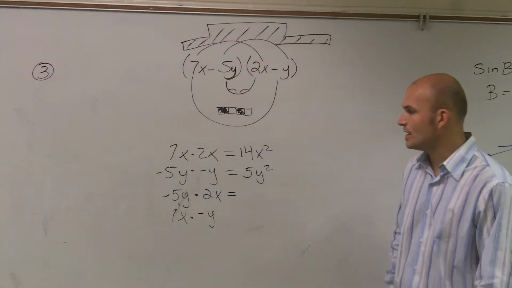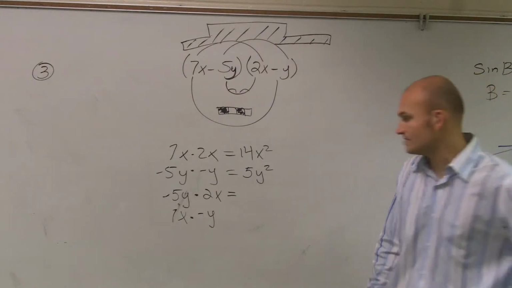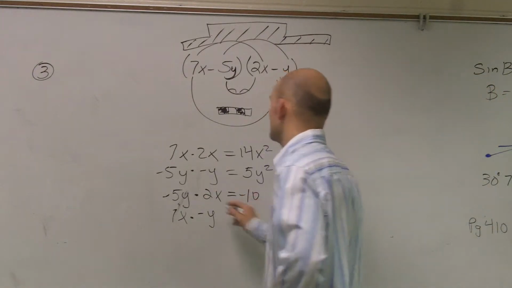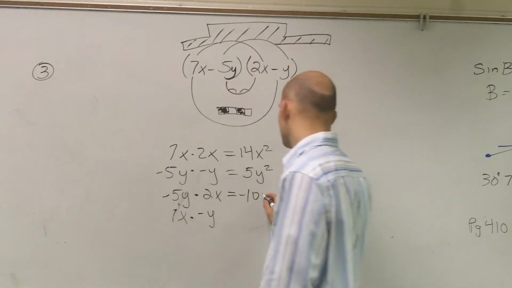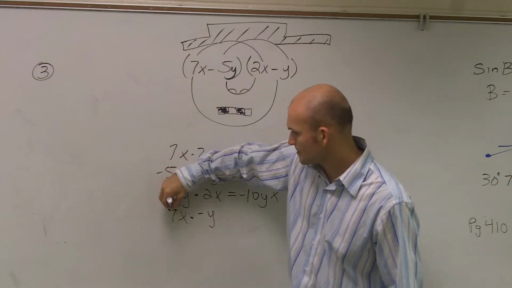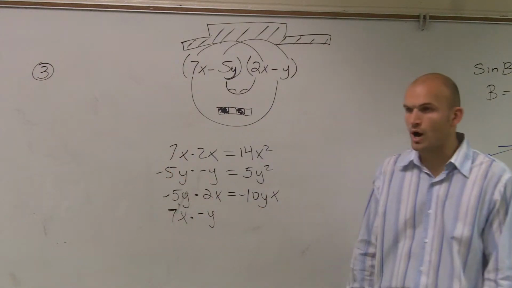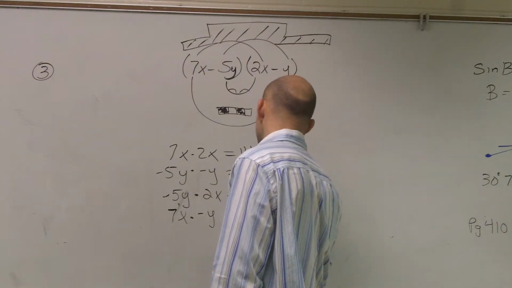Then I have negative 5y times 2x. So negative 5 times 2 is negative 10. y times x is y times x, we don't know the answer to that. And then this one is 7x times negative y, which is just going to become a negative 7xy.